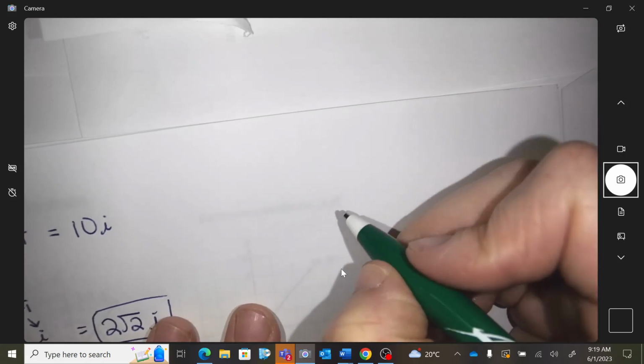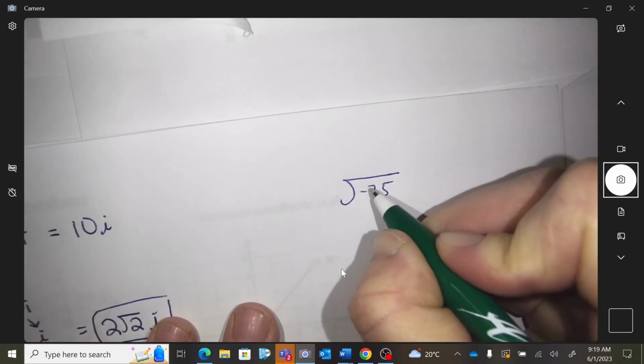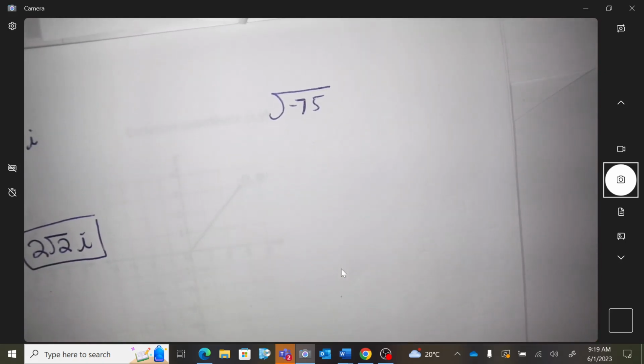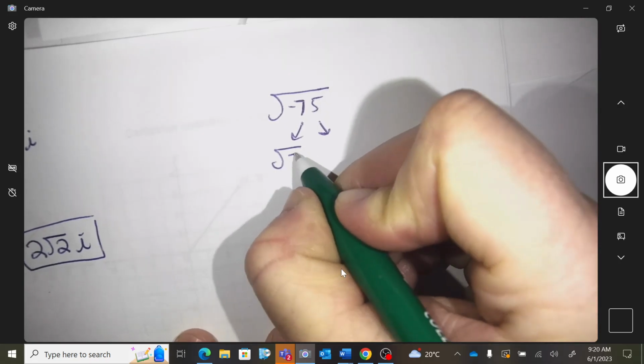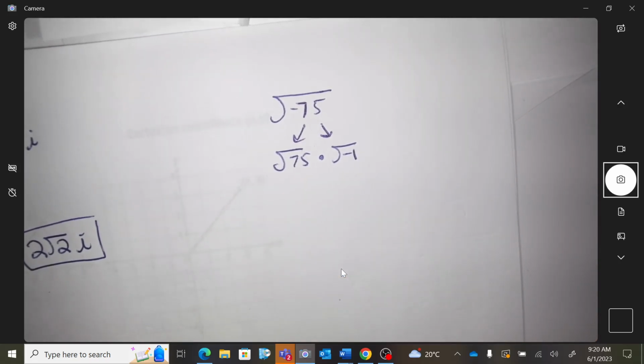Okay, I'm just going to do one more on the side here. So if I did something like that, the square root of negative 75. I'm going to break it down, the square root of 75 and the square root of negative 1.